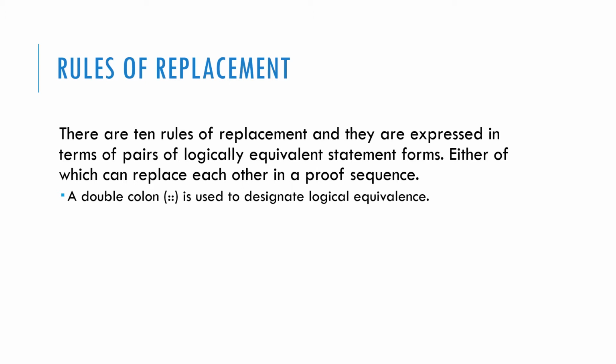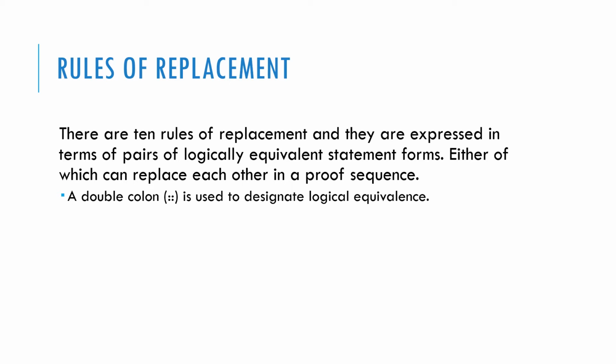Again, we do this kind of thing without even thinking about it. But by learning these rules, we are able to justify why we think that certain things can be deduced from other things and how we get to certain answers.